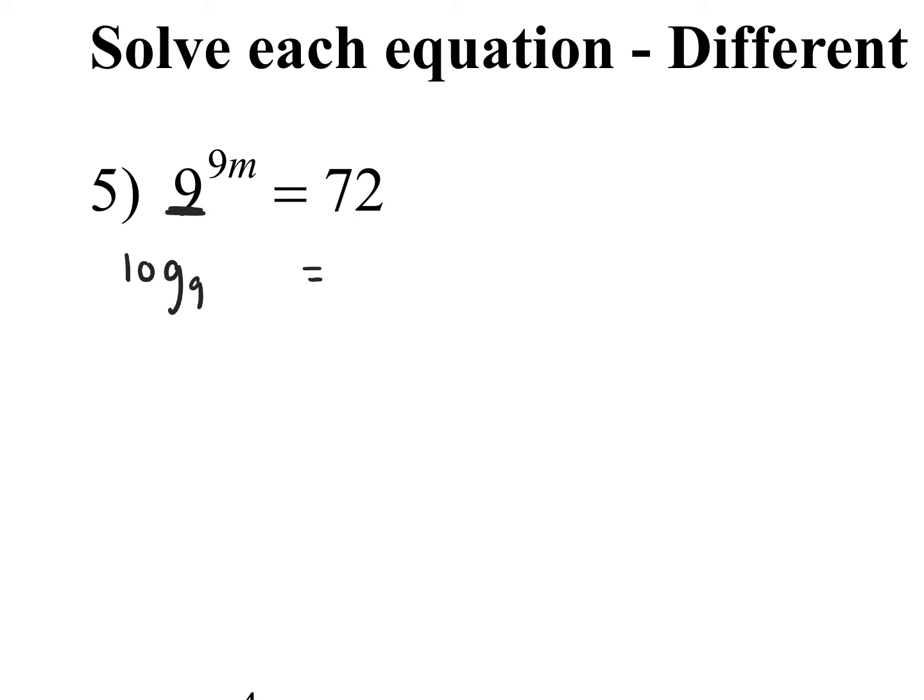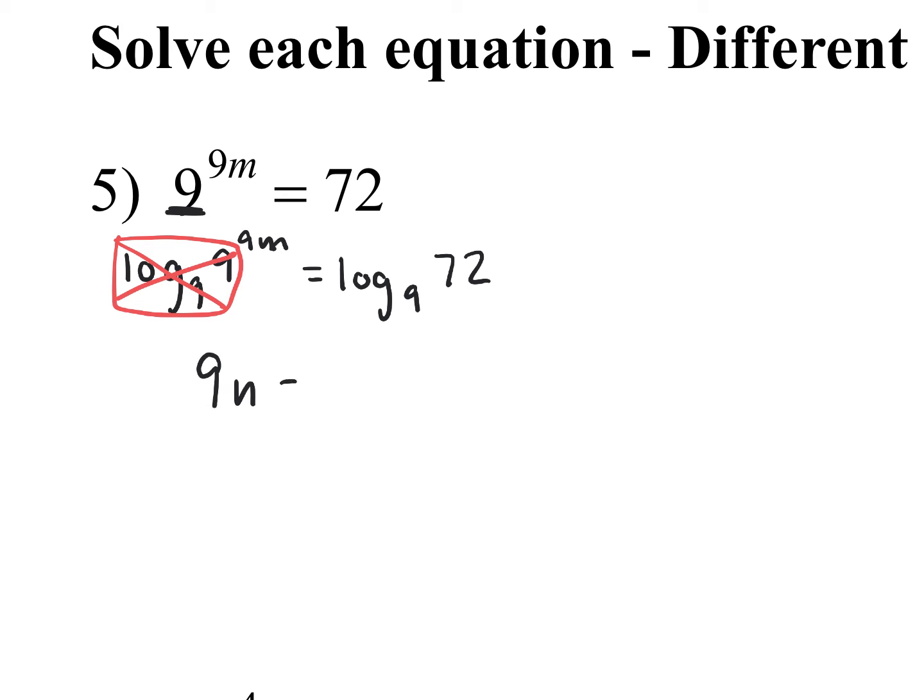So log base 9 of 9 to the power of 9m. And then what we do on one side, we have to do on the other. So log base 9 of 72. So what happens here when we have log base 9 of 9? They cancel out. So then we're just left with 9m is equal to log base 9 of 72.